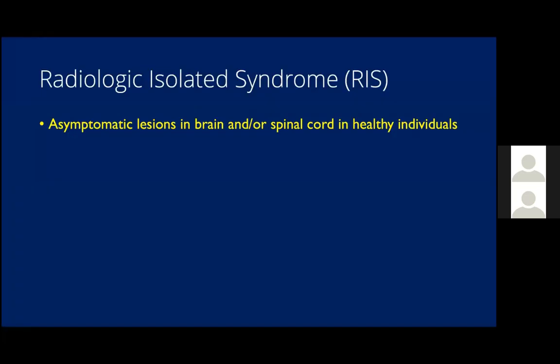Another term worth mentioning here is radiologic isolated syndrome. These are asymptomatic lesions in the brain or spinal cord in healthy individuals, which are picked up incidentally on imaging done for some other reason. They fulfill the criteria for DIS, and there is no other explanation for these lesions.